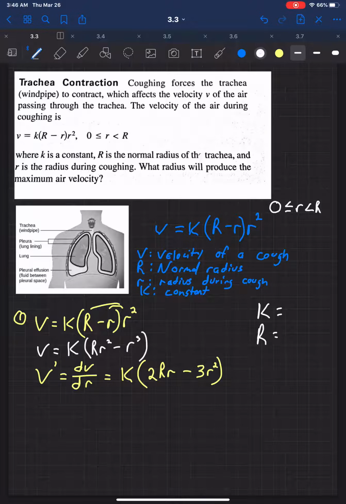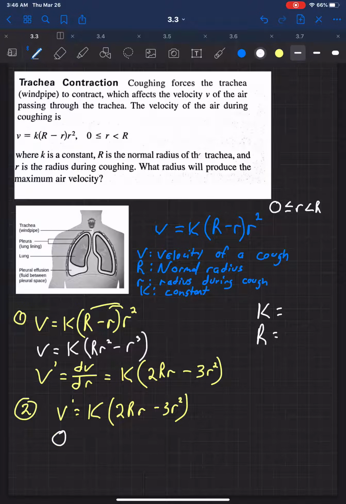So step one is done. We have a derivative. I'm going to make life a little bit easier on myself by factoring out an r, but what is step two? Step two is to find the critical numbers. Ready? So we're going to set v prime equal to 0. I won't do multiple steps all at once.